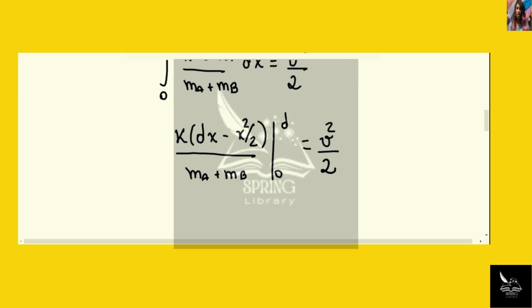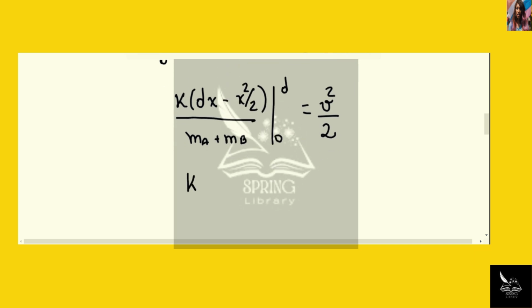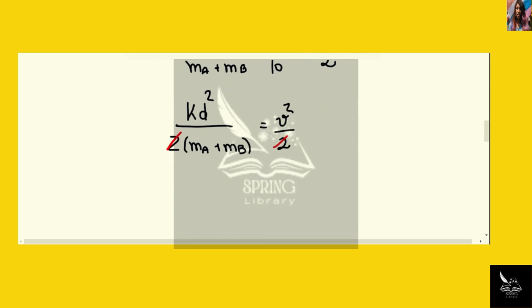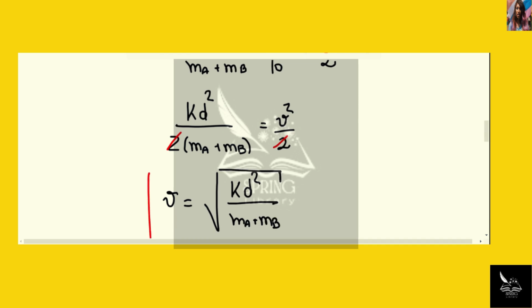Okay, so this is K times D squared over 2 times MA plus MB, and this is v squared over 2. The 2's cancel out, and we get that v is equal to the square root of K D squared over MA plus MB, which concludes our exercise.